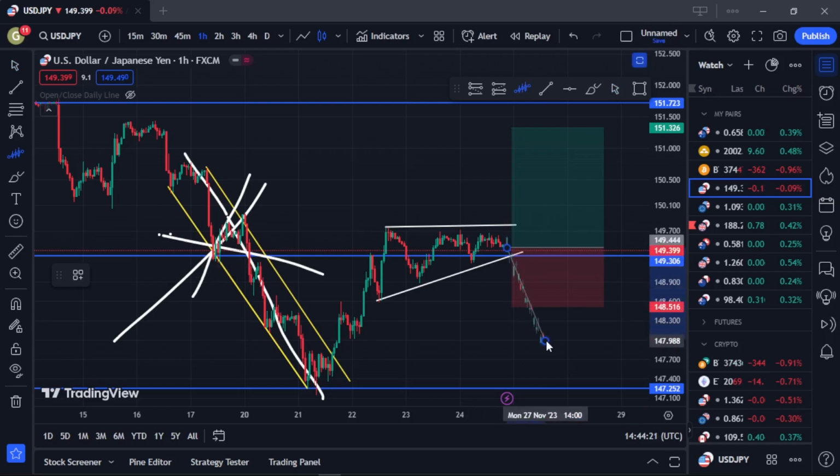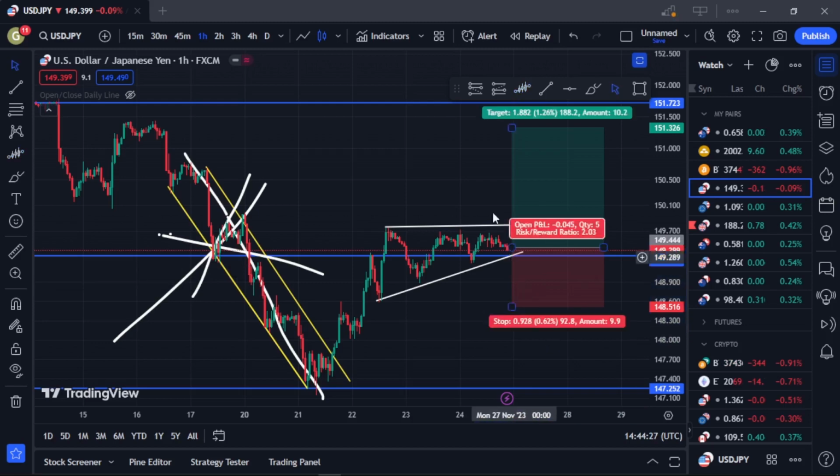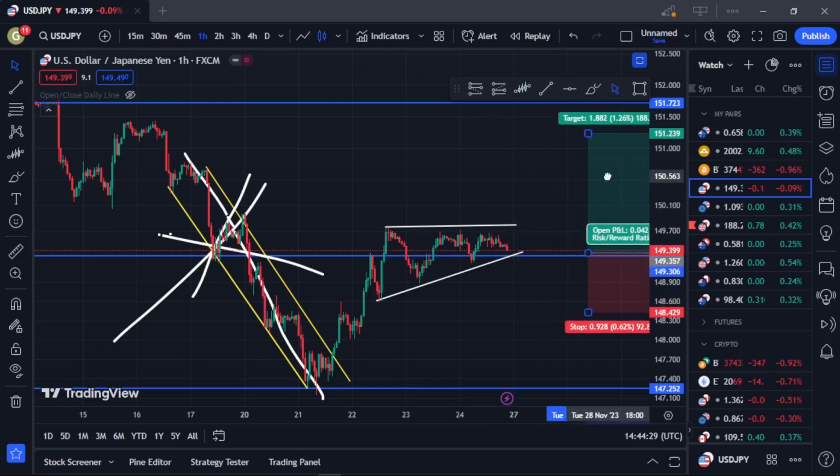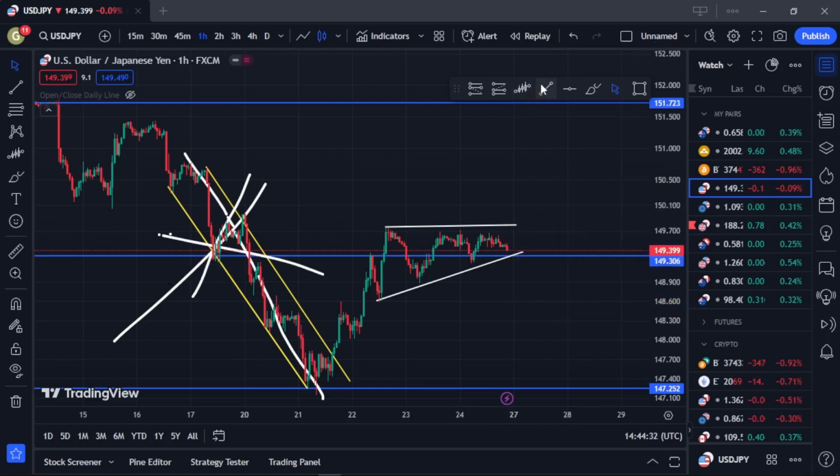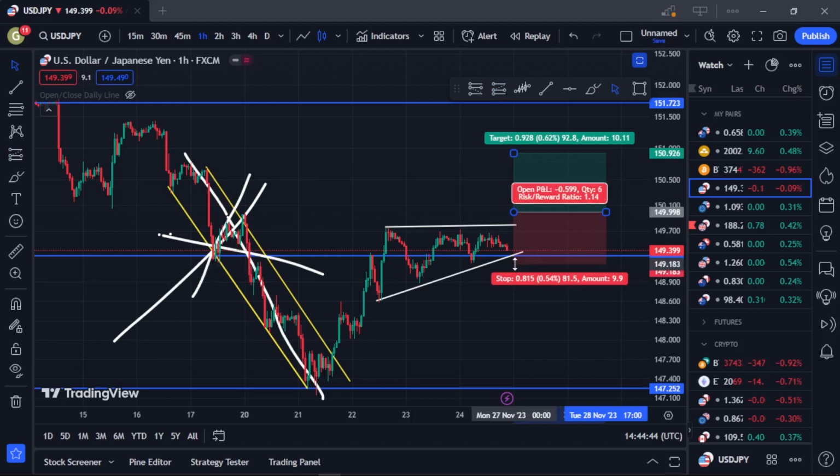So to be safe when trading this sort of signal, what you can simply do is wait for the market to break out of this line. If I'm to trade this particular ascending triangle, here's what I'm going to do: I'm going to place my buy order here and then my stop loss here.